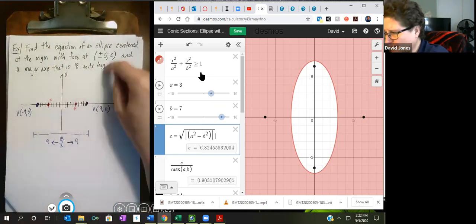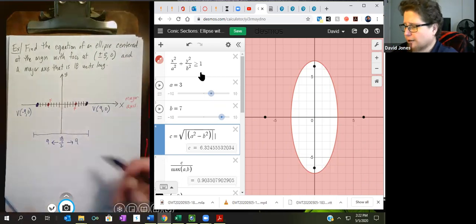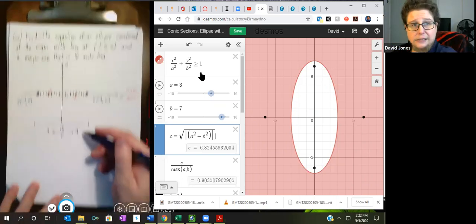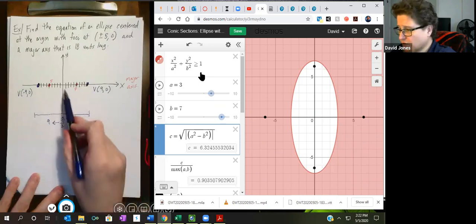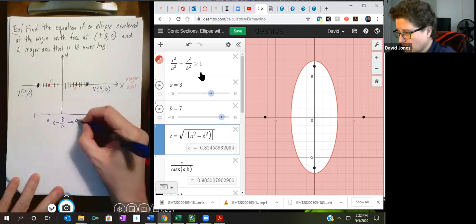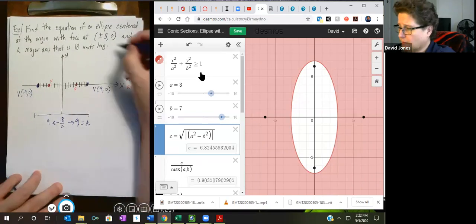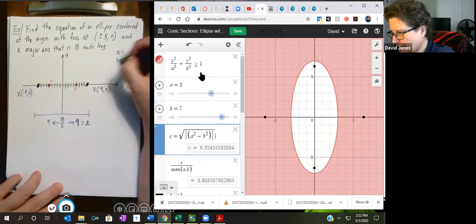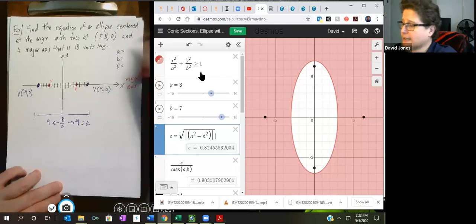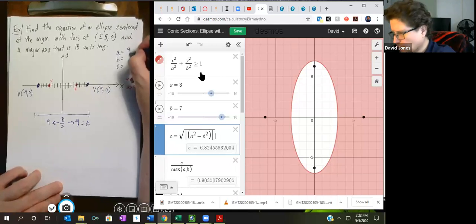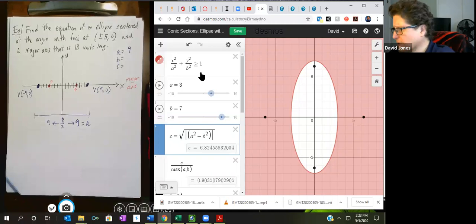What does the 5 give me? What is this number here, first off? The distance from the center is A. So 9 equals A. That seems important. In fact, A, B, and C are all important. A is 9. What does the focus tell us?